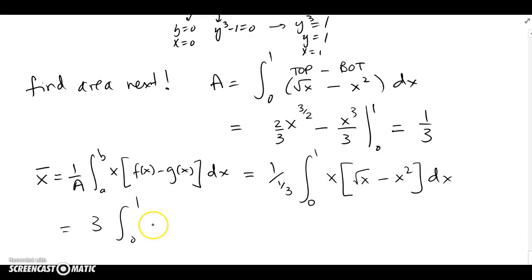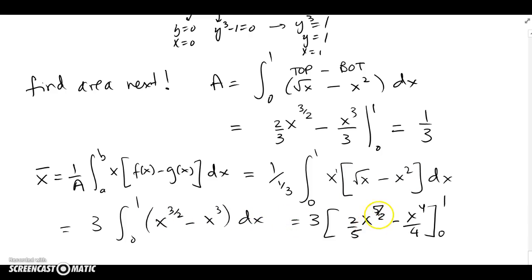Let's distribute this in. x to the half times x to the 1 is x to the 3 halves, minus x cubed, dx, and that's going to give me x to the 5 halves over 5 halves, 2/5, and x to the 4th over 4, with a 3 outside, from 0 to 1. And once we plug those values in, we're going to end up with 9 over 20 for our x bar.